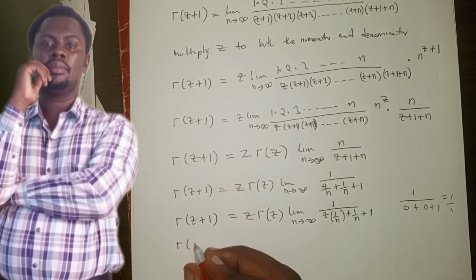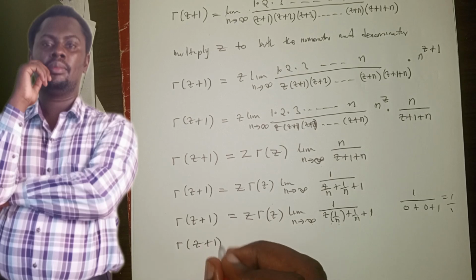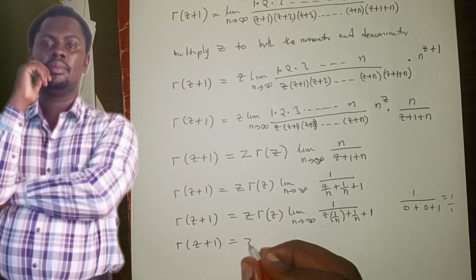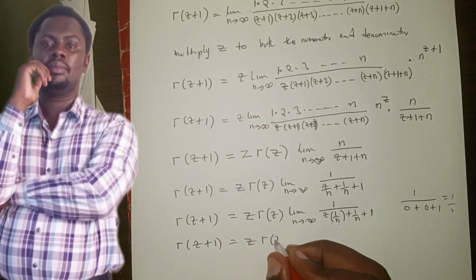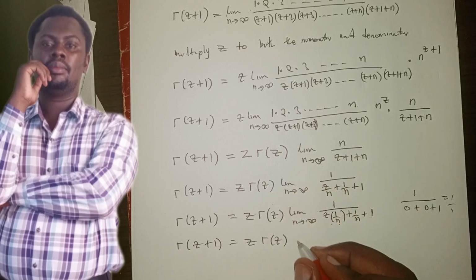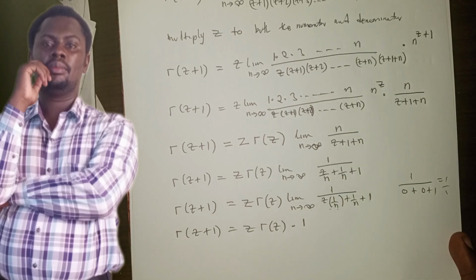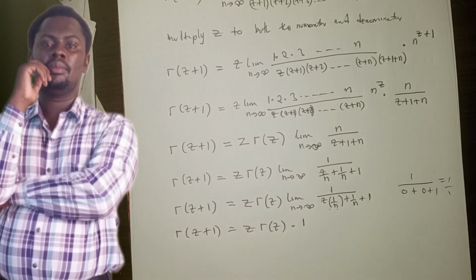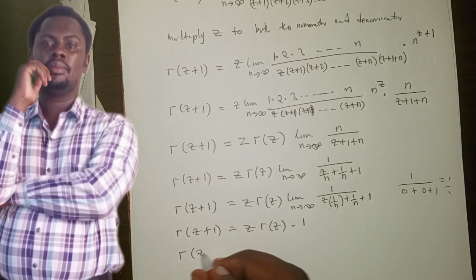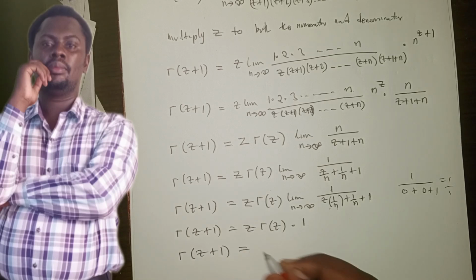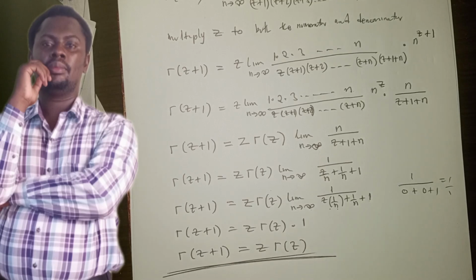So gamma of z plus 1 is equal to z gamma of z, and this is 1, so we multiply by 1. Any number multiplied by 1 gives that number. So gamma of z plus 1 is equal to z gamma of z. Hence proved.